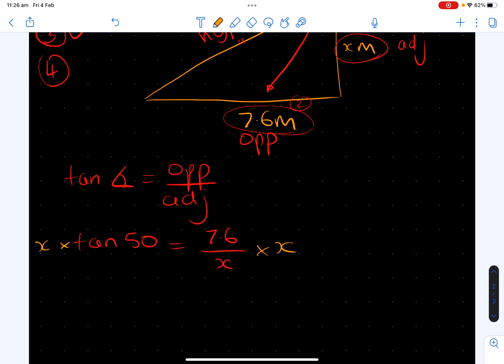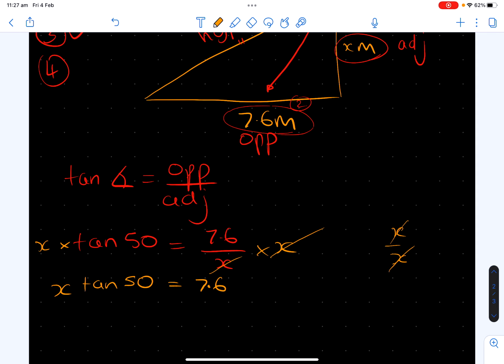So by doing this, once again, that crosses out because x over x crosses out like that. And as a result, we're going to get x tan 50 equals 7.6.